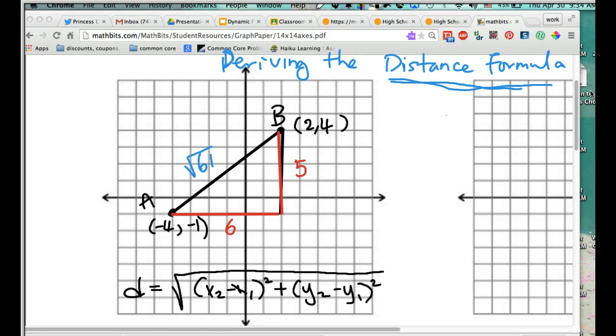And really, if we have a lot of time, we will practice saying this correctly because a lot of you don't know how to read equations, but we don't have time right now. So just pay attention to how I'm reading it. D equals the square root of x sub 2 minus x sub 1 squared plus y sub 2 minus y sub 1 squared, okay? And so this is the formula that we eventually want to get to.